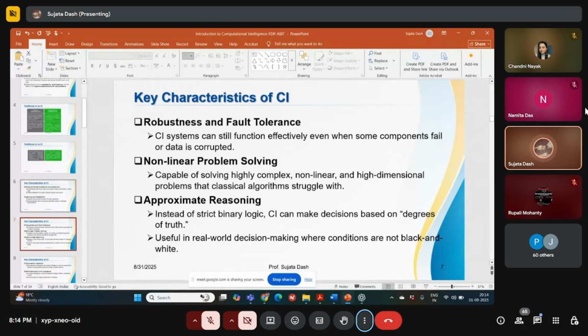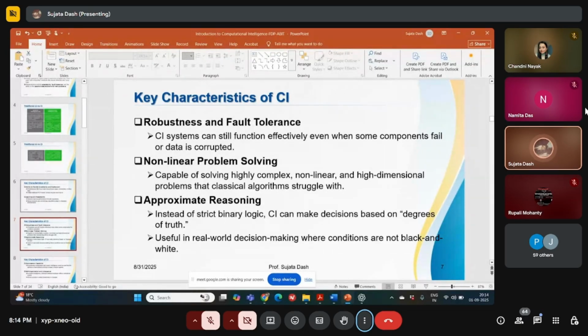Suppose the person wears sunglasses or a mask. In that case also, the system using CI is able to recognize the face.